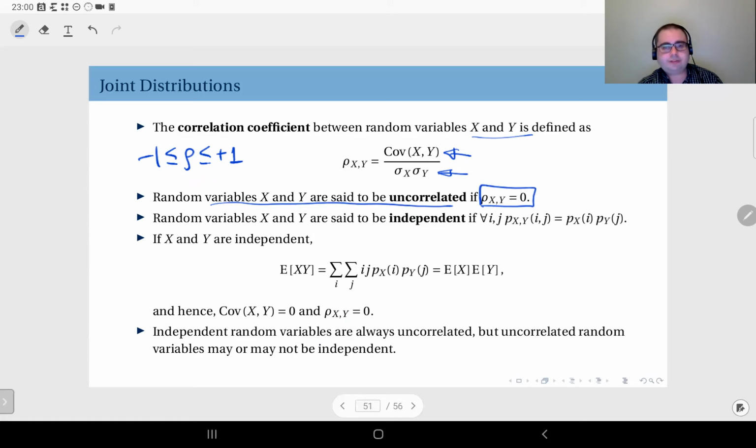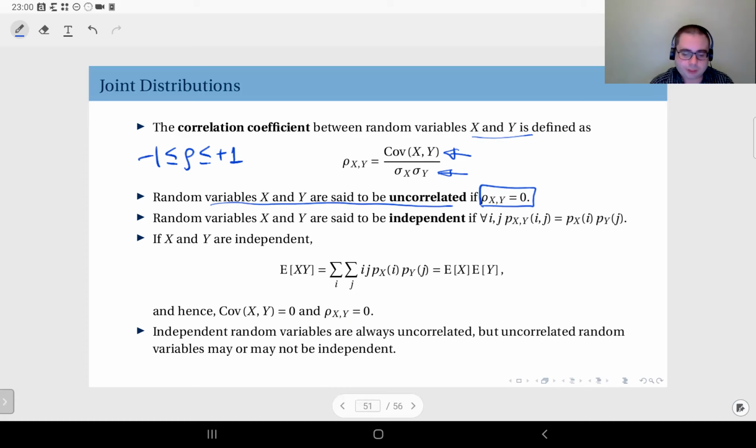This doesn't say they are independent, but it says they are uncorrelated. So from one, you cannot actually estimate the other. Essentially, that's what it means. And the correlation becomes stronger as the correlation coefficient rho becomes closer to 1 in magnitude.